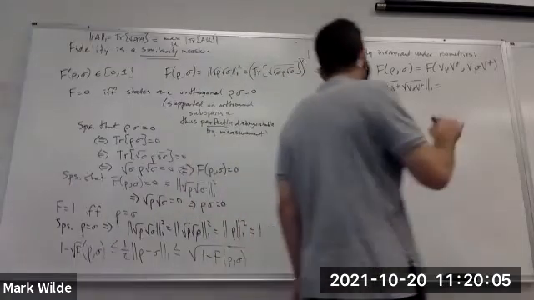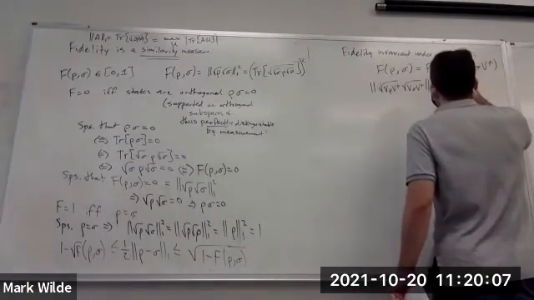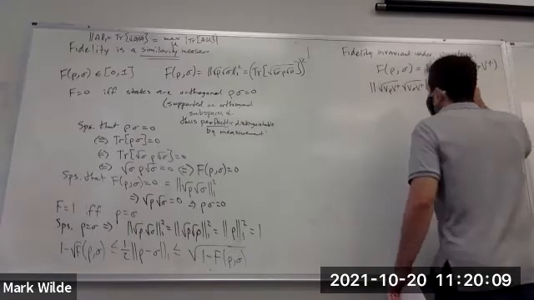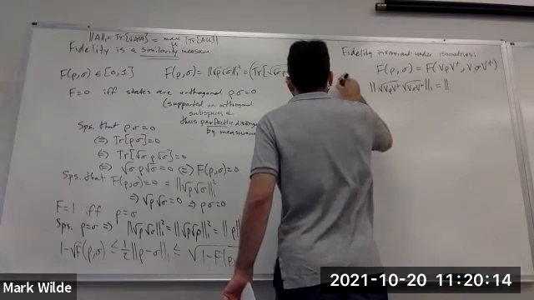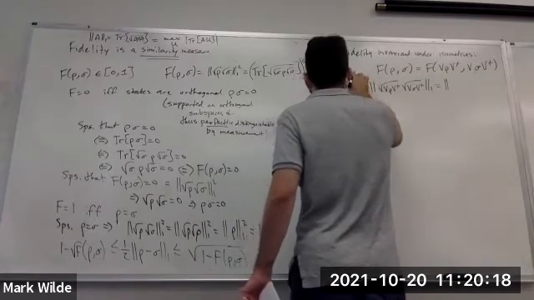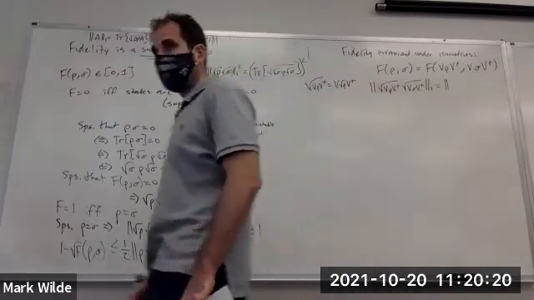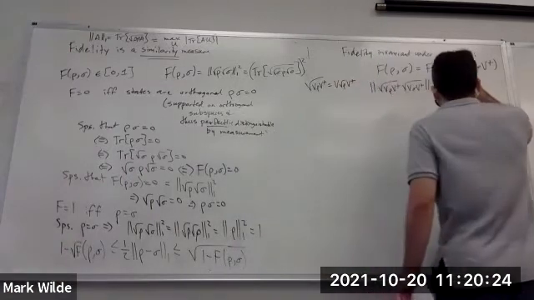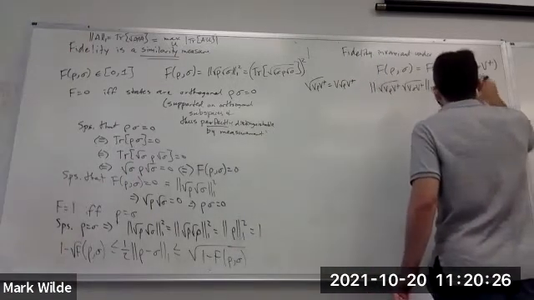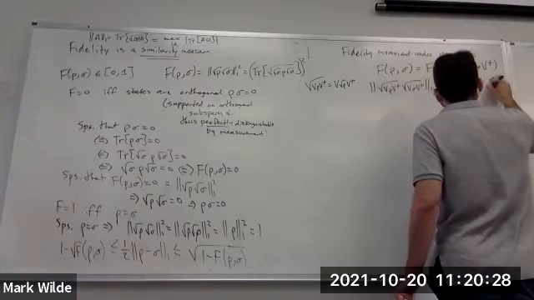So then that all implies that the square root of V rho V dagger is equal to V square root of rho V dagger. Yep. So that we'll use.